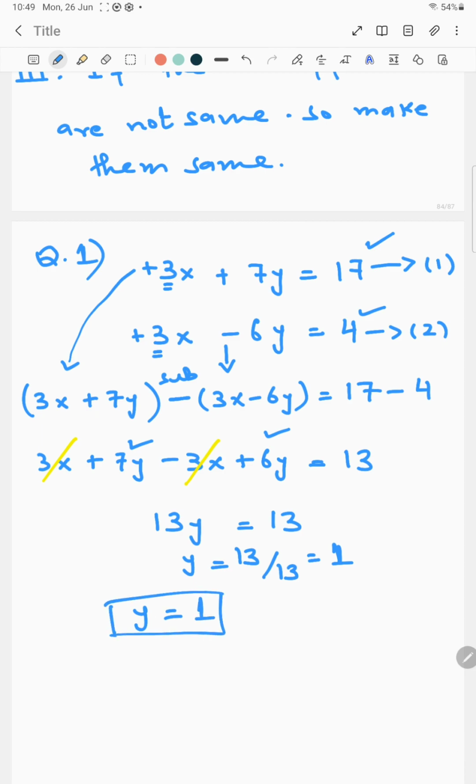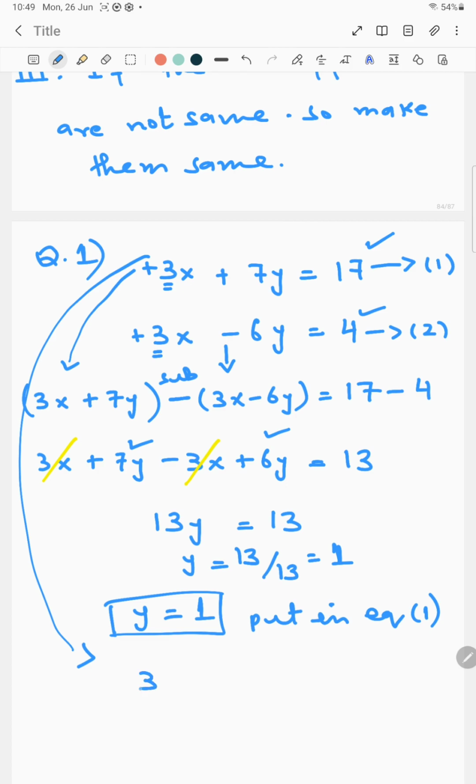After this, you just have to put it in any one equation and get the value of x. Now I am putting this y value in equation 1. It was 3x plus 7y is equal to 17.